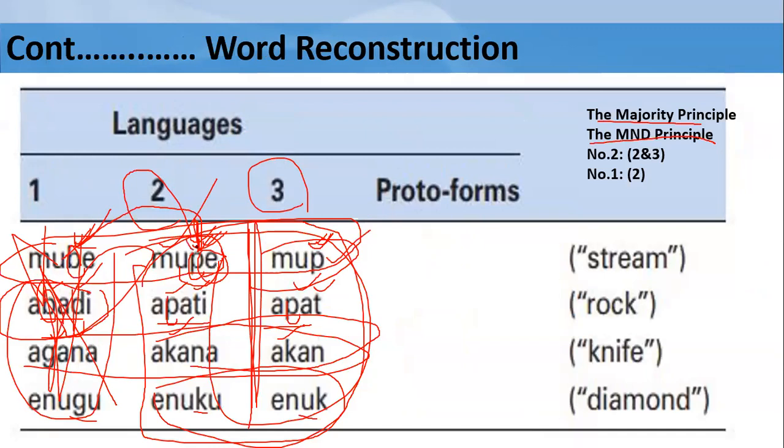So this one is the older form, the original form, 2, and 3 is the later form, the modern form. Okay. Similarly, among these two, apati and apart, we have got apati, the final vowel sound. It was the older form, and then when this word was derived, the final vowel sound got disappeared. So this is the new form, and it was the older form.